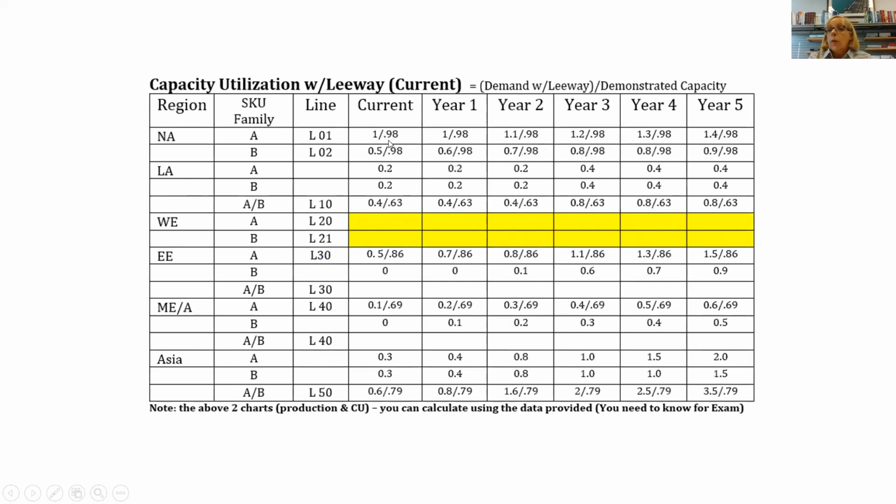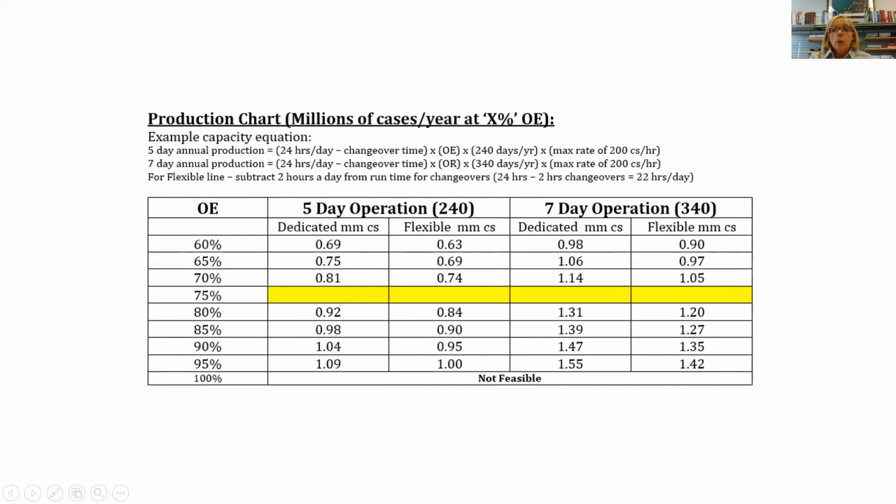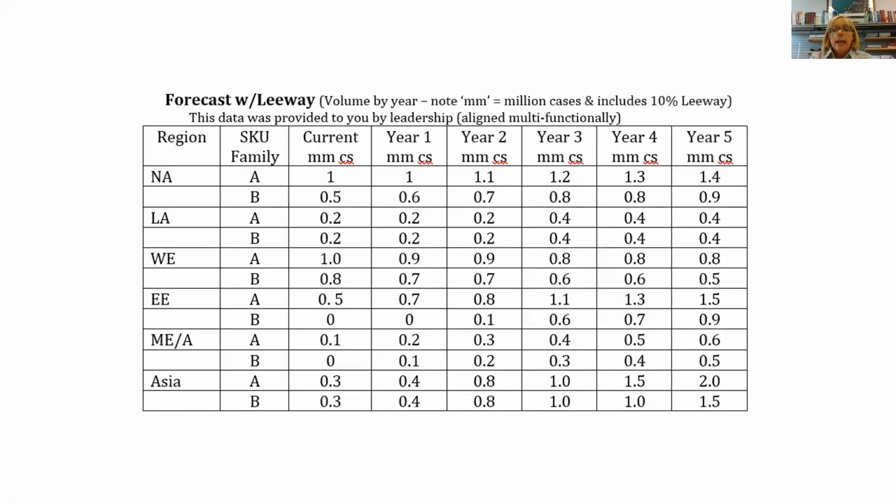We looked it up for North America, where we said the demand for the current year was 1. It's 1 in year 1, 1.1, 1.2. I'm going to go back up so you can take a look at that to make sure that's the case. If I look at North America, it absolutely is for SKU family A. Year 1, it's 1. Year 2, it's 1.1.